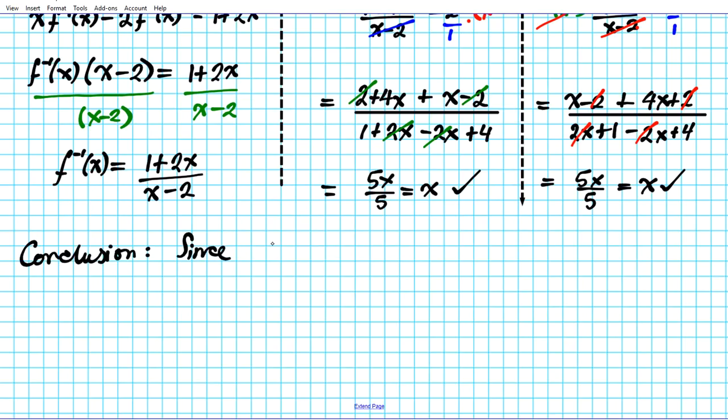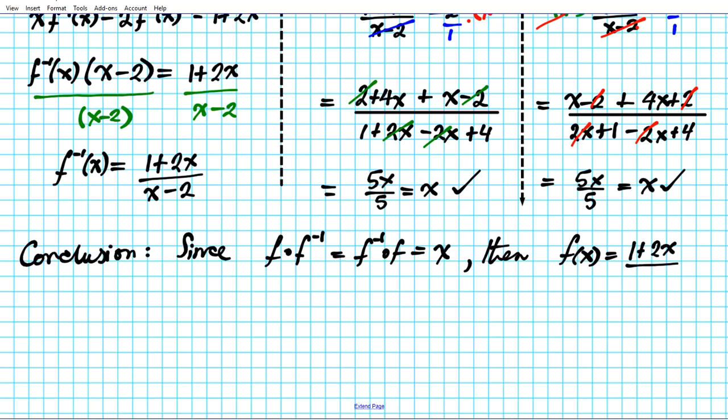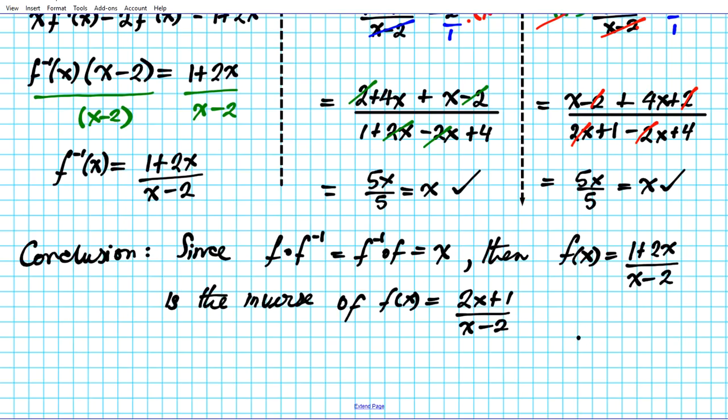Since what we did is we composed, the forward and backwards composition, since f composed with f inverse is equal to f inverse composed with f, since these are both equal to x, then the function we got as an inverse function, 1 plus 2x over x minus 2, is the inverse of the original function, which is 2x plus 1 over x minus 2. Alright, and we'll put a nice little box of accomplishment.